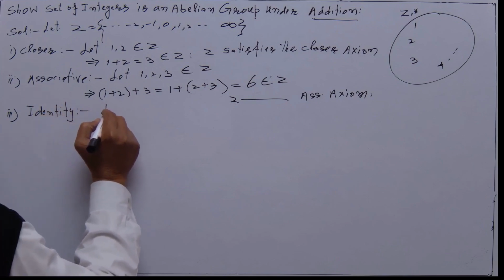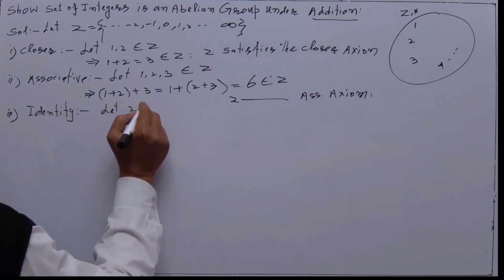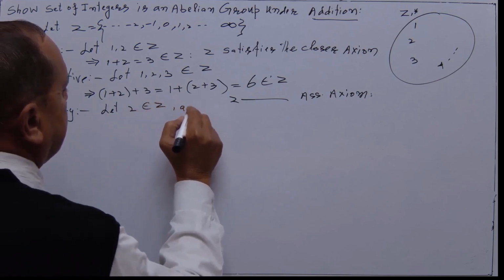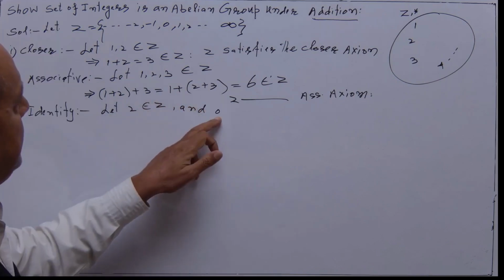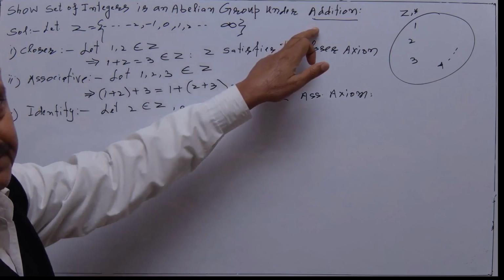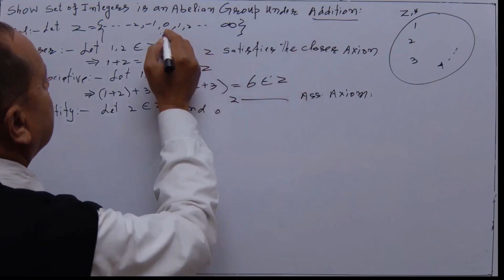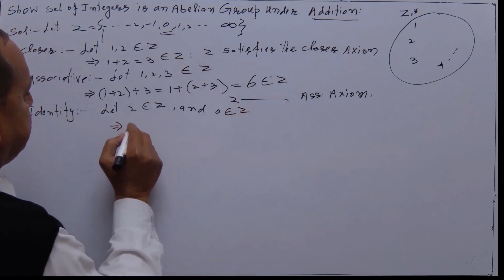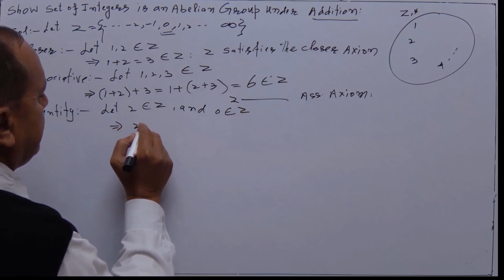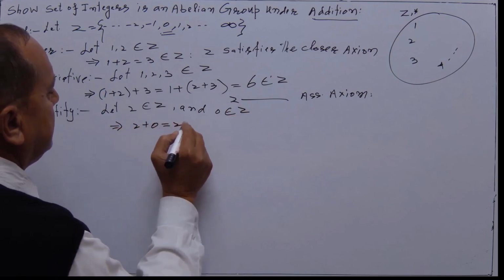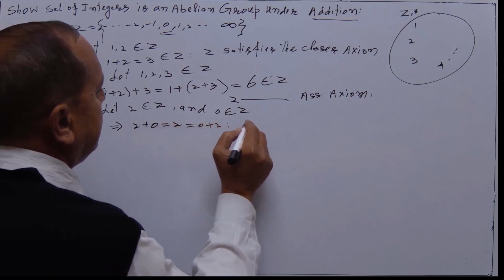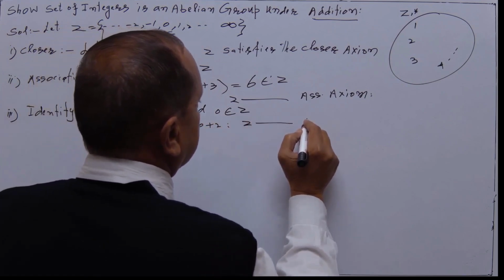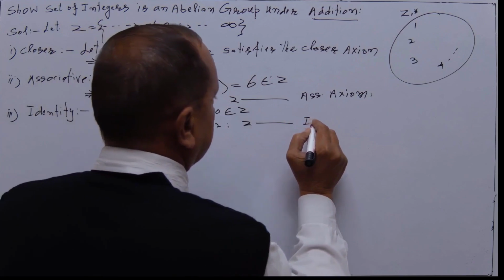In this, let number 2 belong to integers, and this identity element in case of addition, 0, also belongs to integers. It means 2 plus 0 is equal to 2 is equal to 0 plus 2. It means this set Z also satisfies the identity axiom.